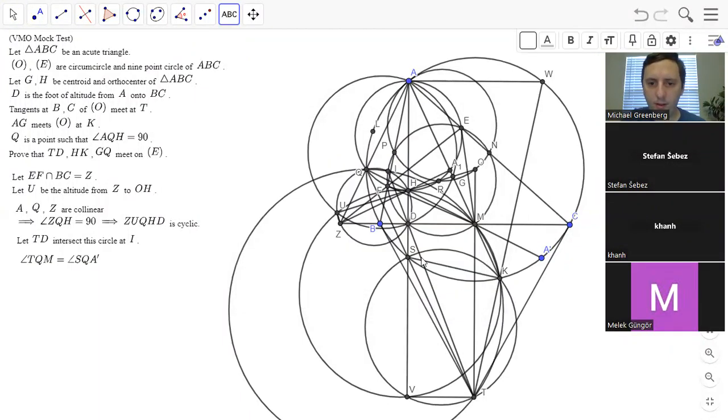And then SQA' is going to be the same as AKW, since this is a rectangle. So I'm just going to write that out for now.